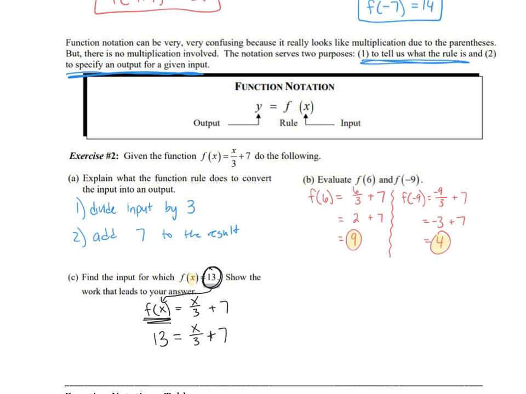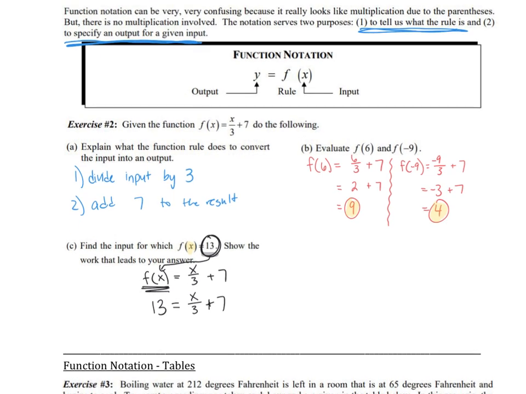So I'm plugging in for the f of x, and I'm solving now for the x. We're just solving a basic equation now. I want to subtract 7 from each side. I get x over 3 equals 6. Then I'm going to multiply both sides by 3, and I do get x is equal to 18.